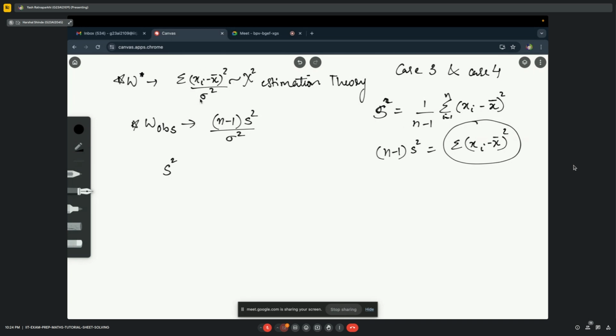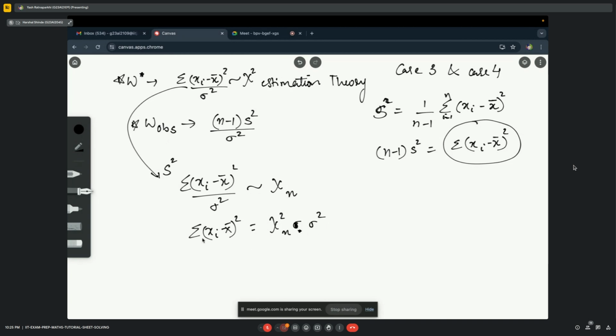From here. So what will it be? It is summation of xi minus x bar whole square by sigma square. This follows chi square n in case 3 and n minus 1 in case 4. So can I write summation of xi minus x bar whole square is equal to chi square n into sigma square?